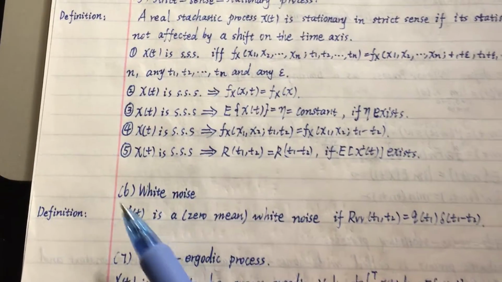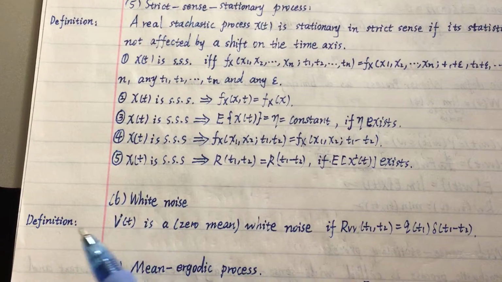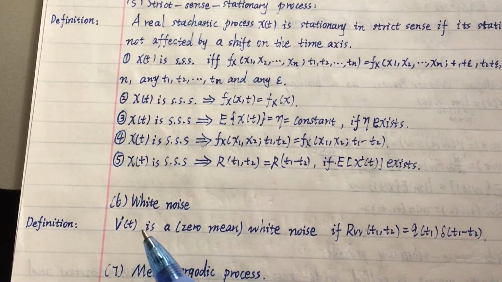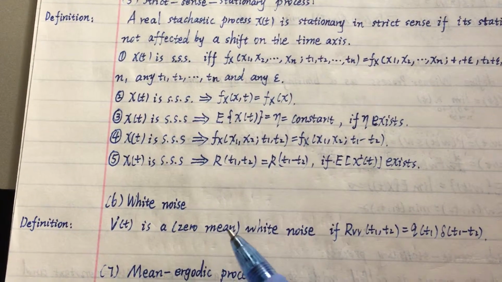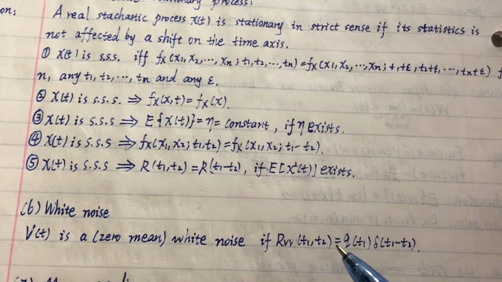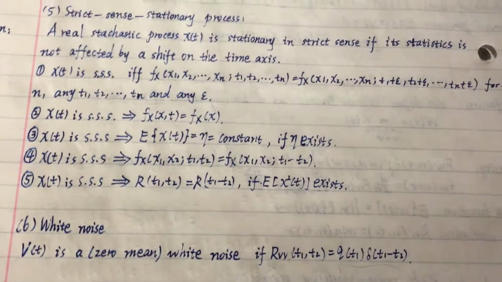And then the white noise, the definition of white noise is that v(t) is a zero mean white noise if the autocorrelation R(t1, t2) equals this equation.